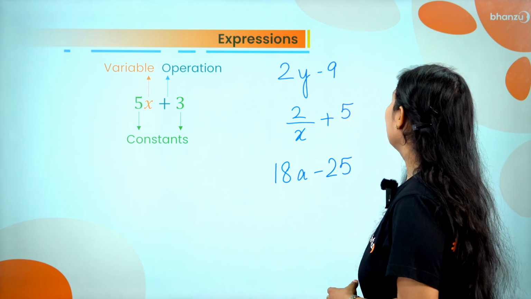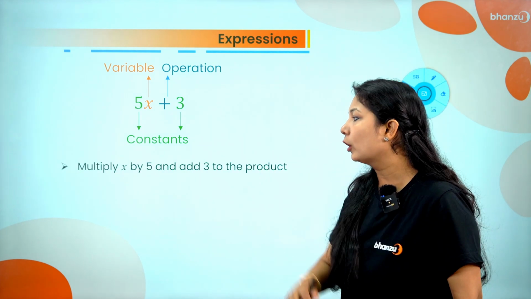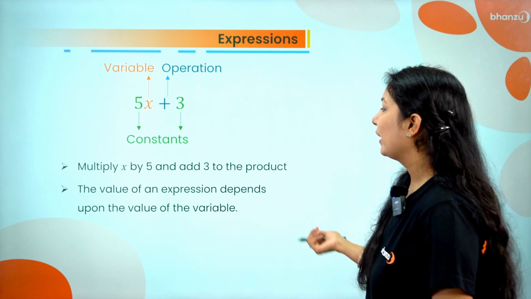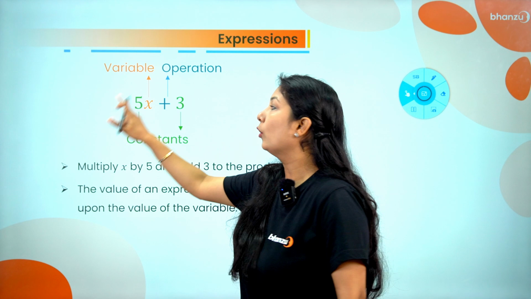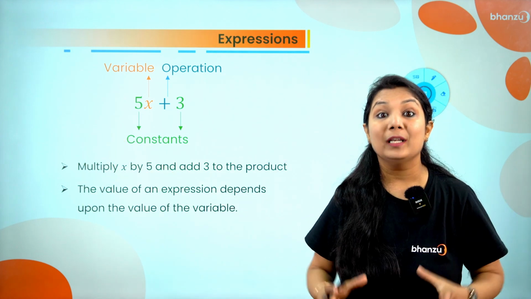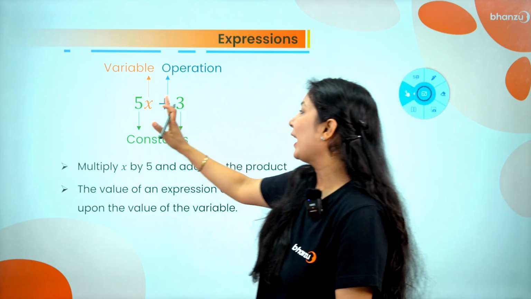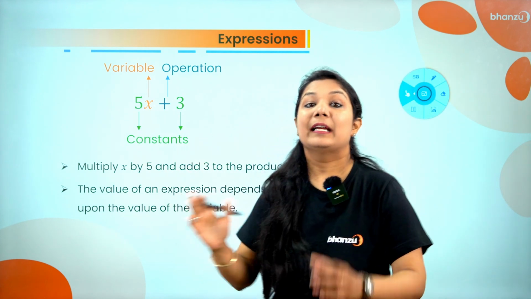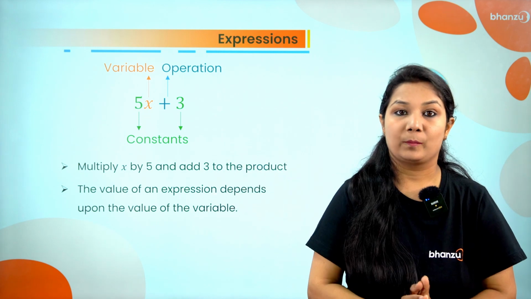So these are the different examples of expressions which we can have. So moving ahead, how did we get this? Multiply x by 5 and add 3 to the product. And if someone asks you what the value of this expression is, it solely depends on the value of the variable. So whatever value of the variable x comes over here, that would define the value of this expression.